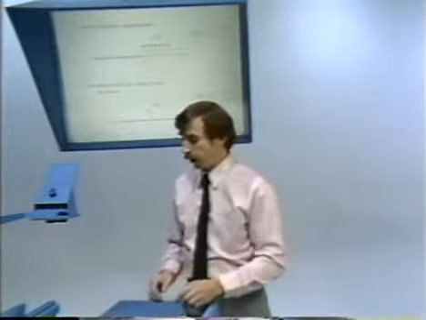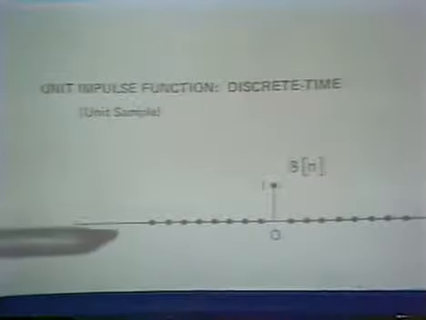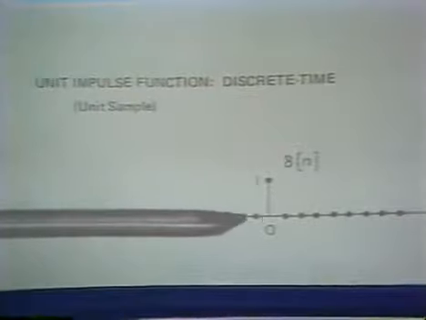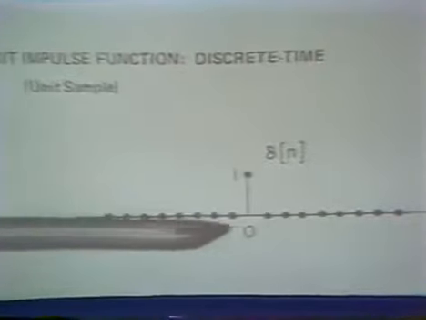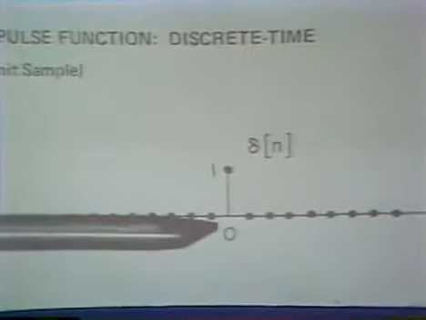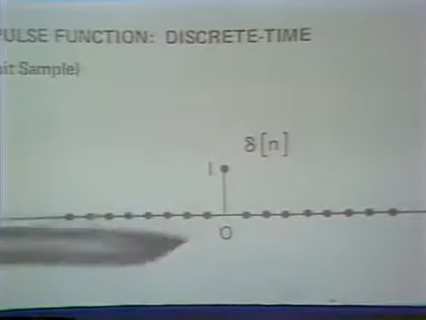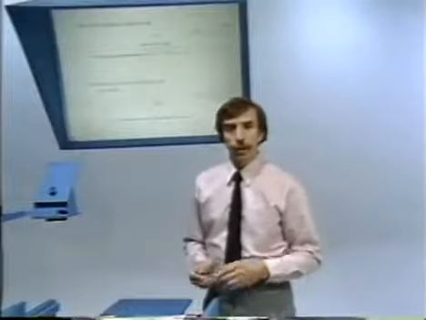The unit impulse sequence, likewise, is defined in a straightforward way. The unit impulse sequence is a sequence which is 0 for all values of its argument except for n equals 0. So the unit step and unit impulse sequence are defined in a straightforward way mathematically, and in fact they are also related to each other in a straightforward way mathematically.